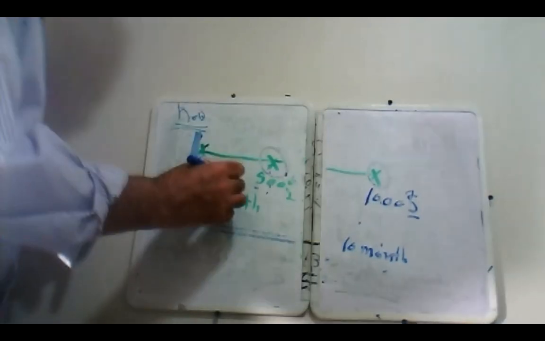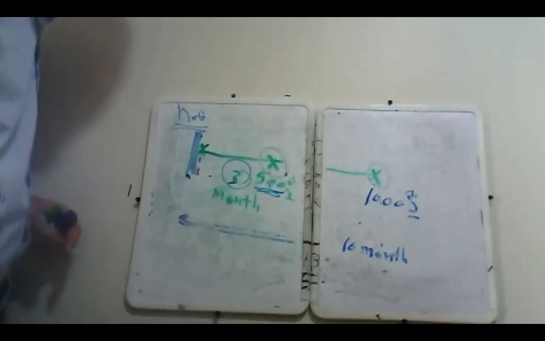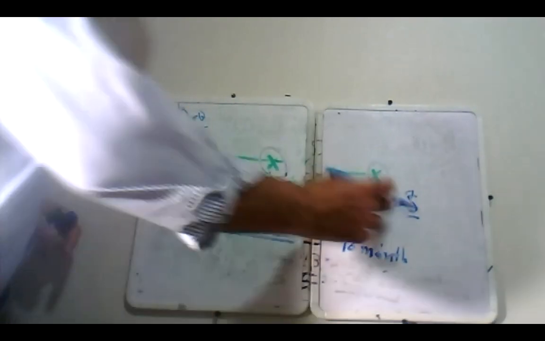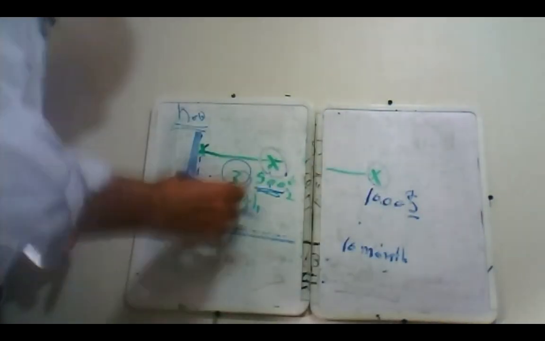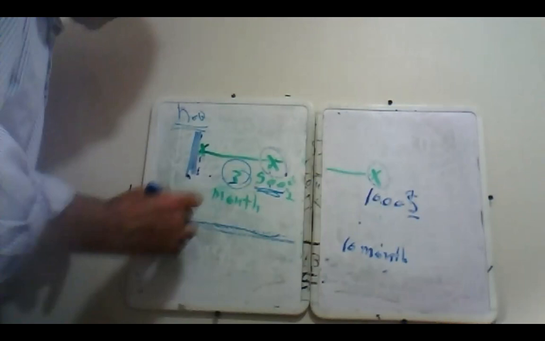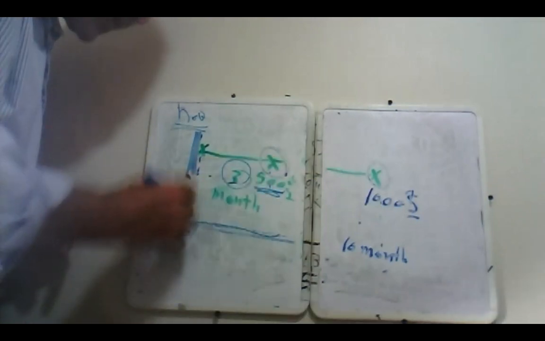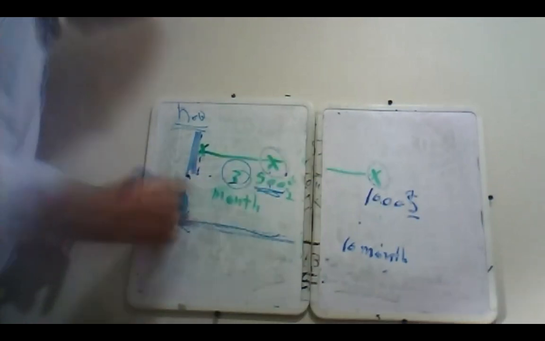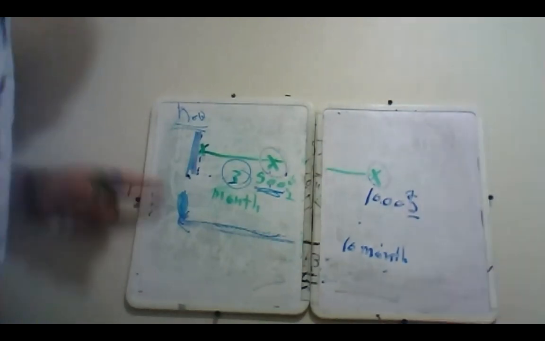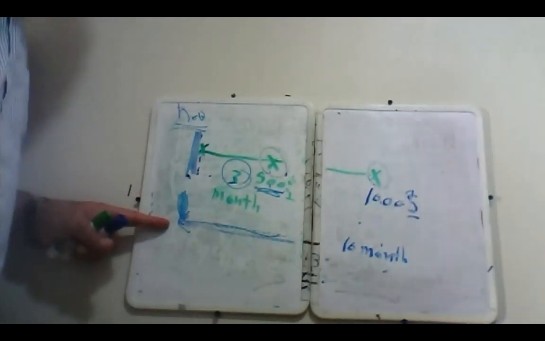So I will take $500 after 3 months from now, and I will also take $1,000 after 10 months from now. I just want to know the value of these amounts here, in this moment. So in this moment, that means I will get a present value.